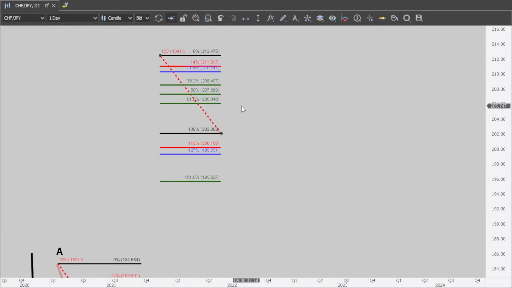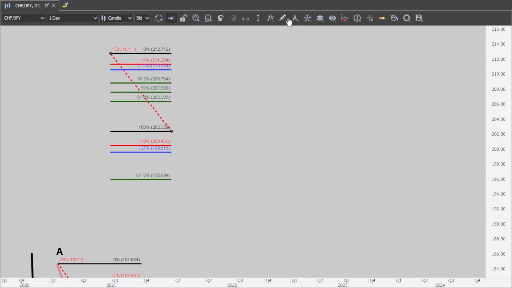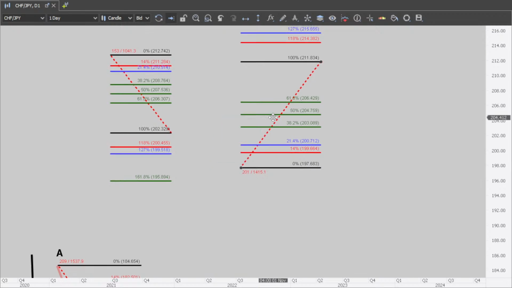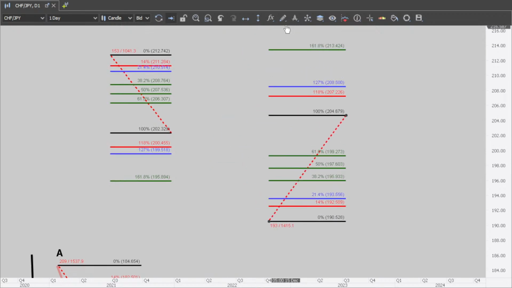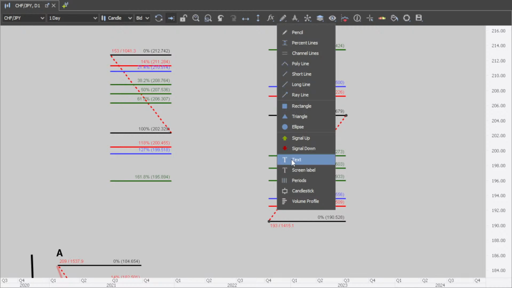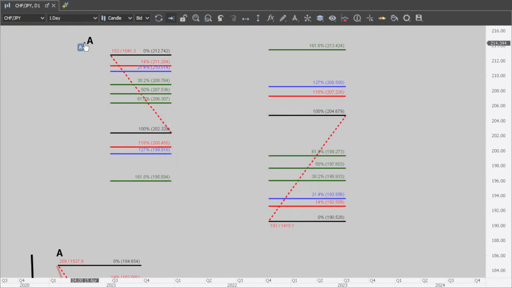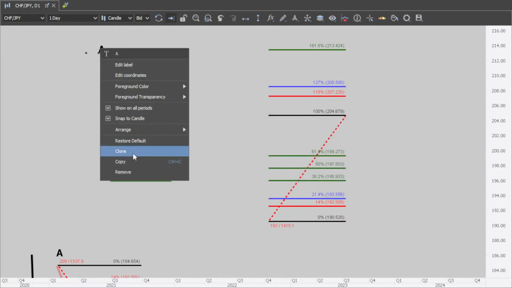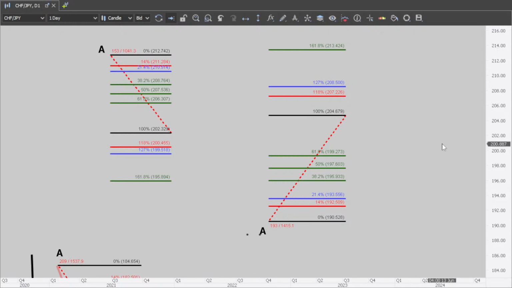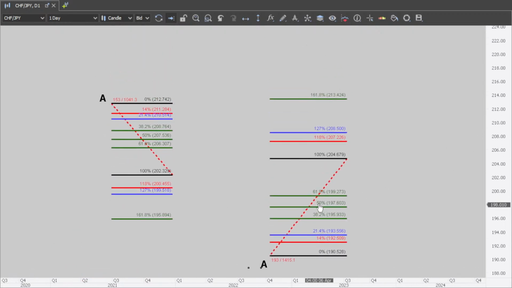So this is the Fibonacci, everybody. This is a down Fibonacci and this is an up Fibonacci too. We have up and down Fibonacci sequence on all currency pairs and all time frames. So this is a down Fibonacci, A, and here is the up Fibonacci, right?